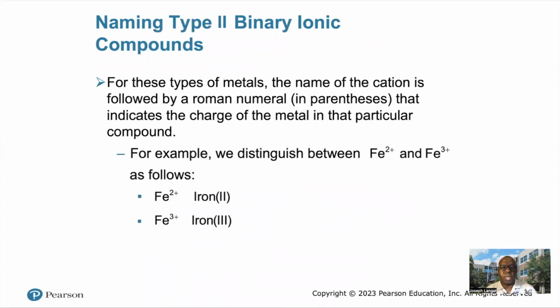So I was saying that we use a Roman numeral. This is the Stokes system. I recommend that you learn the common transition metals which form more than one charged particle. This is iron 2, iron 3. You will never see iron 4 or iron 5 or iron 6 or iron 1 or iron 7.